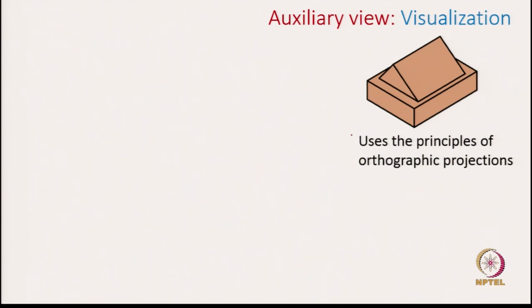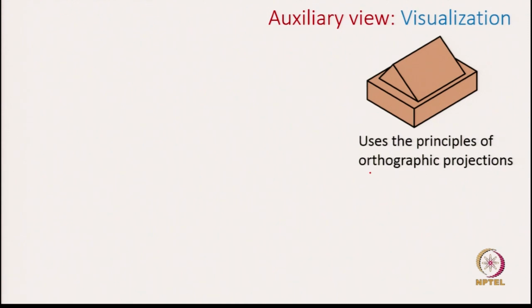So, again we are saying that we use the principles of orthographic projections. As we discussed previously, we place the object in a glass cube and try to capture the views on the surfaces of this cube. We will do the same process again to capture the auxiliary view. So, let us look at an example.